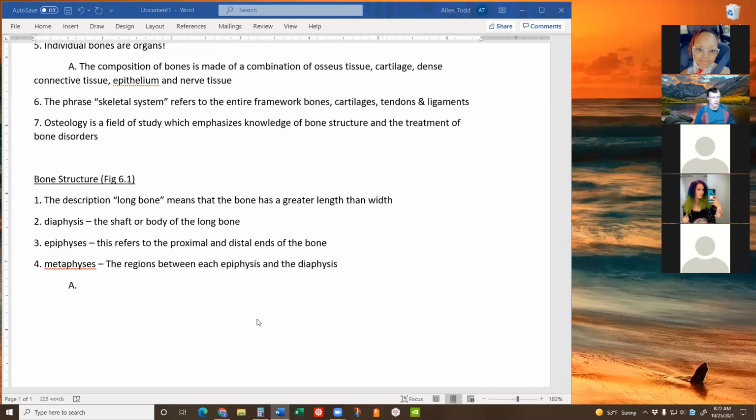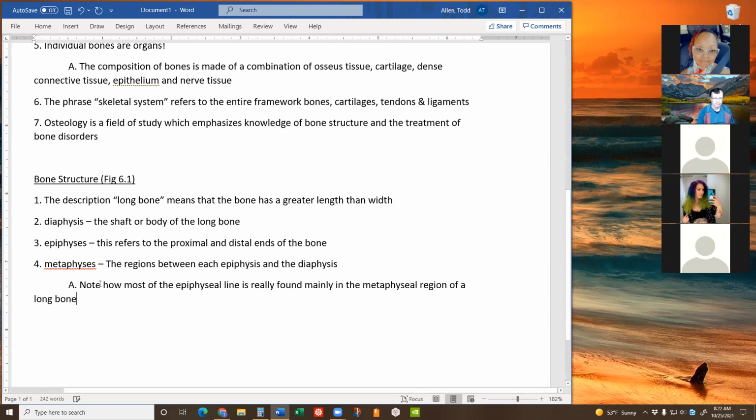Let me take note of this. Note how most of the epiphyseal line is really found mainly in the metaphyseal region of a long bone. So it's one of those oddities. You need to look at it and be aware of it.